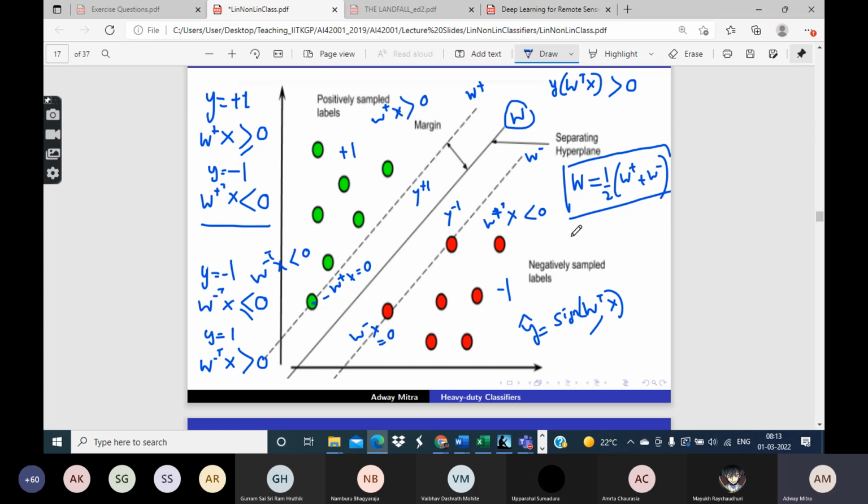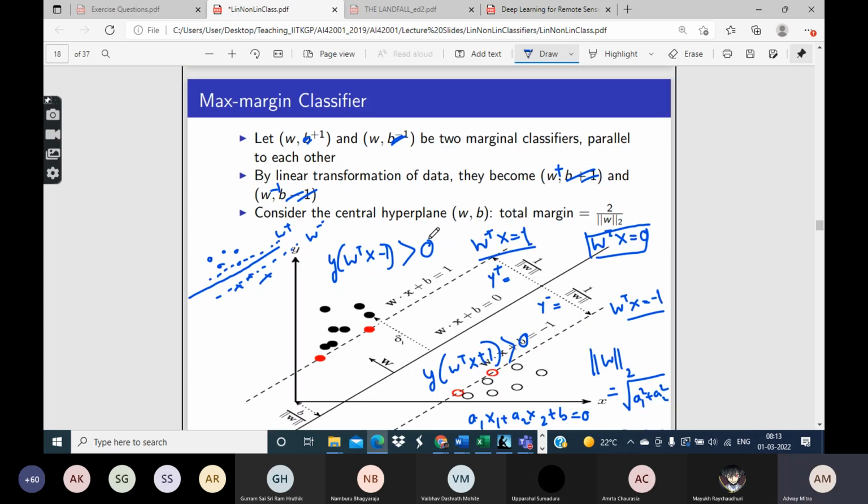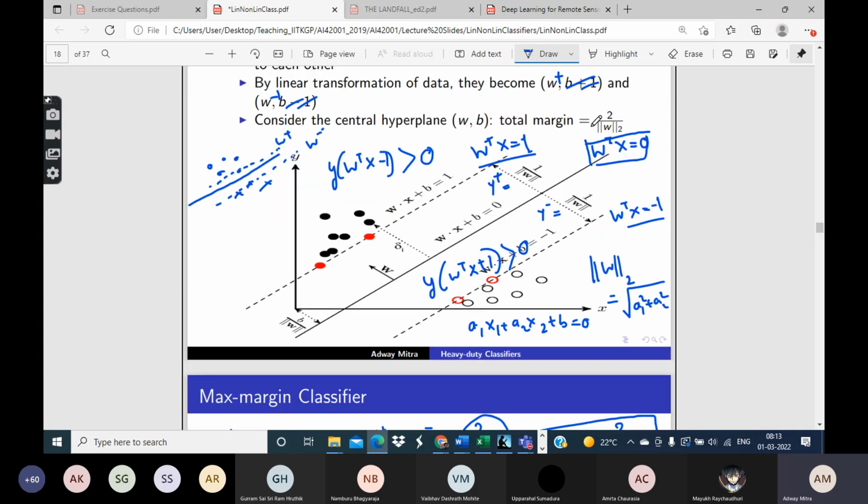Now, to help the following mathematics, we make another assumption, which is not really that necessary. The assumption is that for one of these marginal classifiers, let's say W plus, we will consider its equation as W transpose X equal to 1.